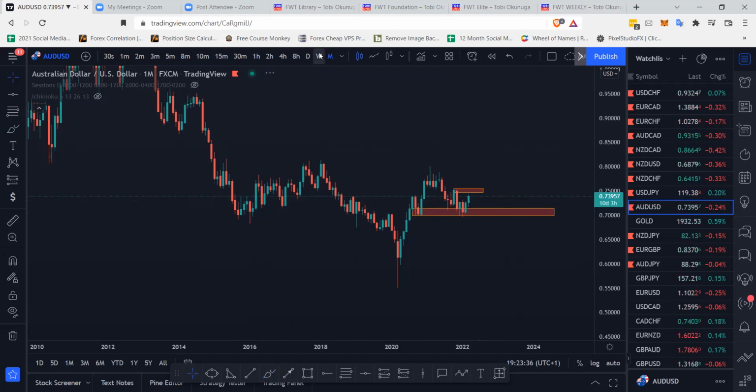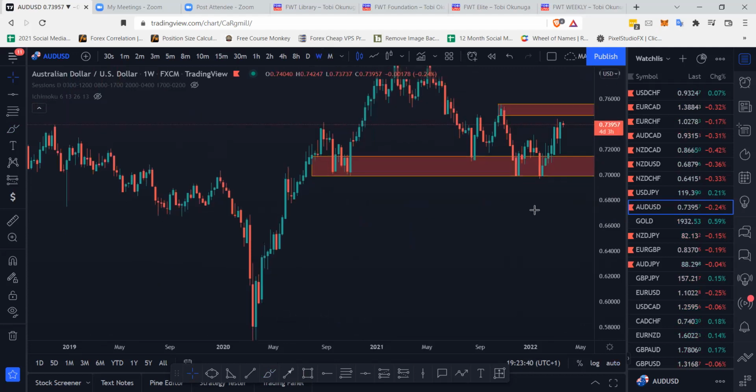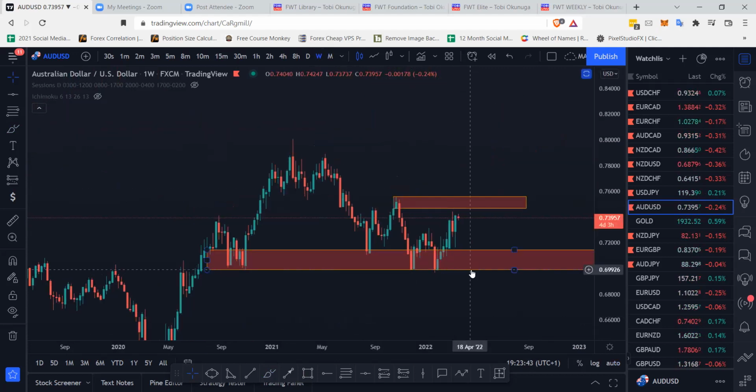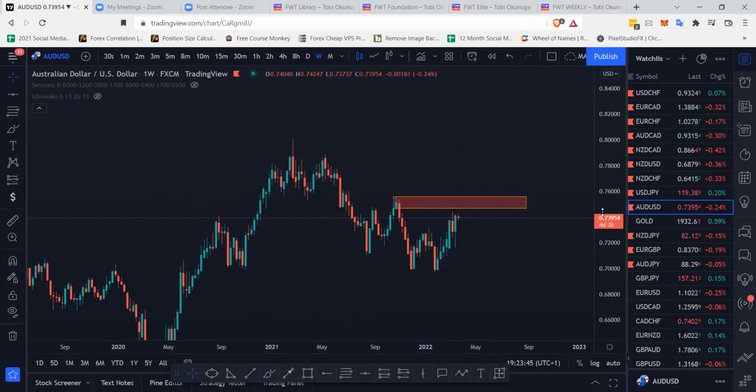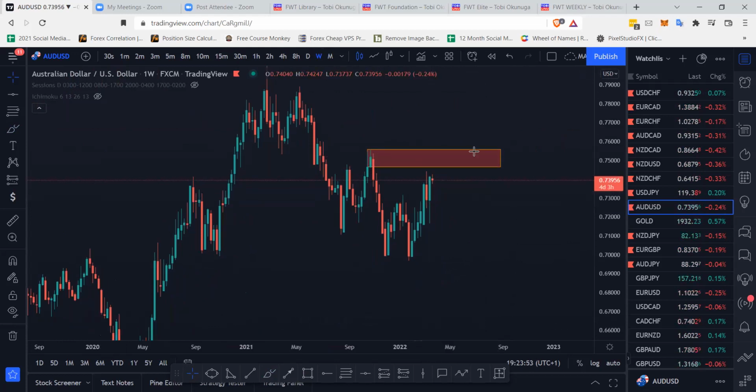So let's go to weekly. All right. So personally, for AUD/USD, I would wait for price to enter the zone. Okay, preferentially, I will wait for price to enter the zone before I start looking for sells.